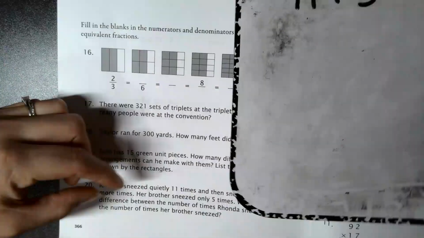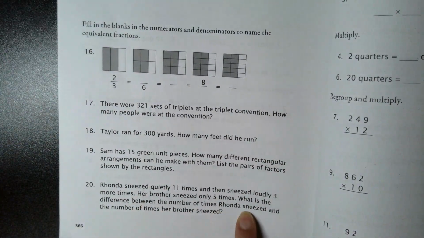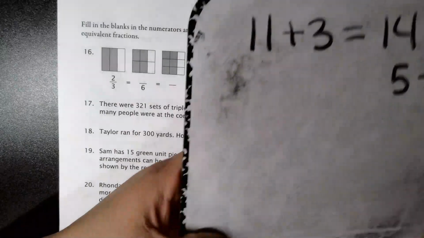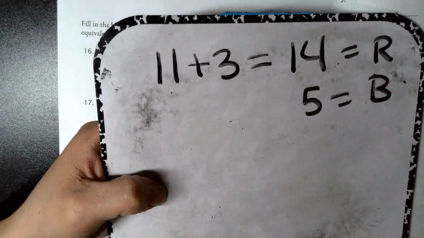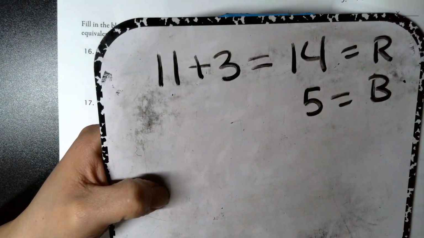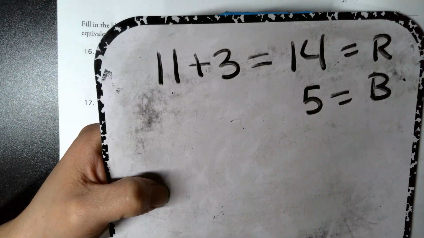Then it says, what is the difference between the number of times Rhonda sneezed and the number of times her brother sneezed? When we're finding the difference between two numbers, the difference means subtraction. It's very important to learn these key words when we're reading word problems.